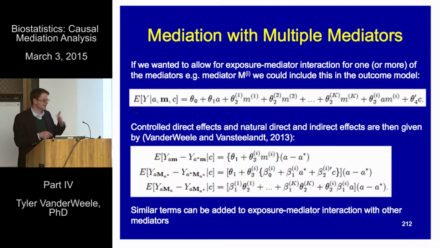These expressions correspond to what we had for our exposure-mediator interactions before. This is what happens if we added one exposure-mediator interaction, but we could add multiple ones, and we just add these terms again for the jth mediator if we did it for mediator j.